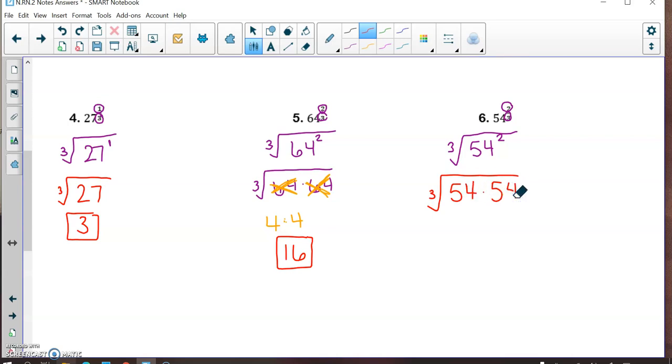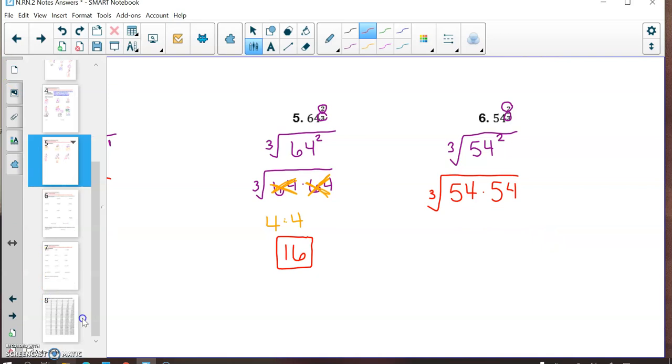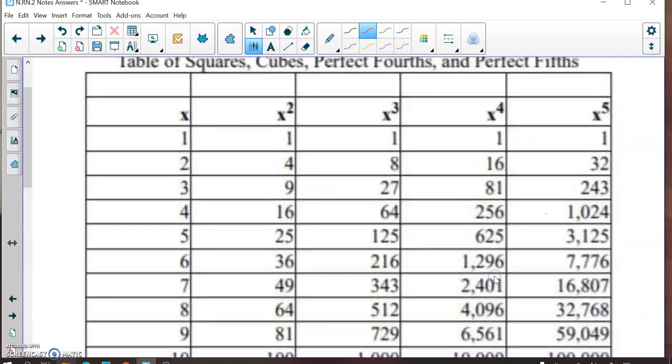It helps to work with small numbers, so I'm not going to do 54 times 54 in my calculator, because that's going to be 2,916, which is a very large number. Let's just work with the 54s and do the 54s separately.